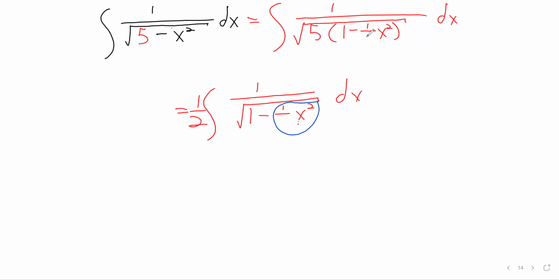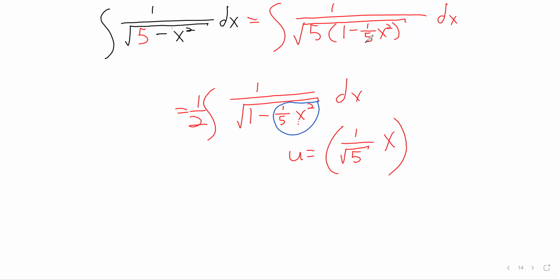We'd pull the 5 out, and then we'd have 1 over 5, and this can still be done using U substitution. We can still write this as a perfect square. It's just that to write 5 as a square, you need the square root of 5.